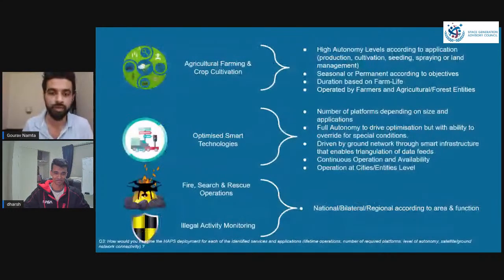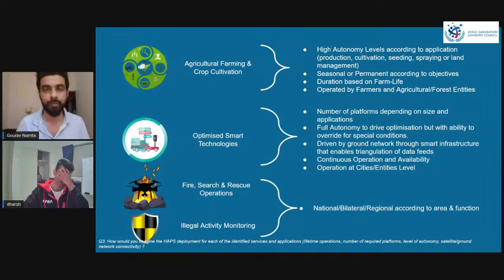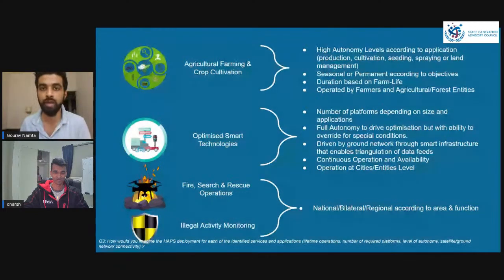Next slide, please. Yeah. So again, agriculture, smart technologies and fire search and rescue operation, most of them will definitely have autonomous operation. Full autonomy should be focused on. How they're deployed and operated, seasonal or permanent, depends on the application. For agricultural crop farming, I guess it will be more of a permanent deployment.